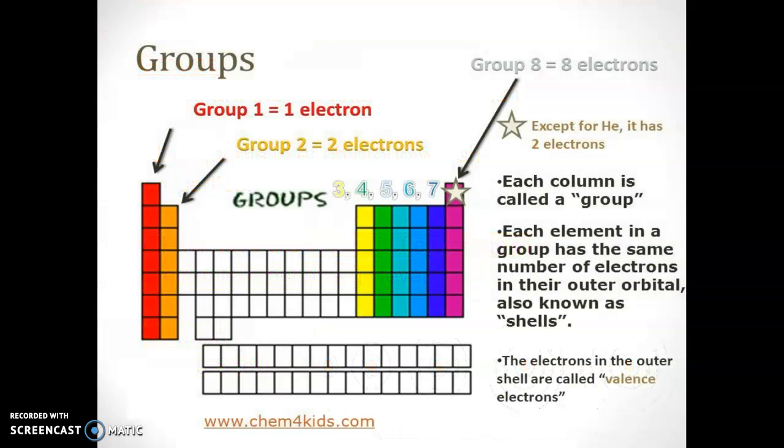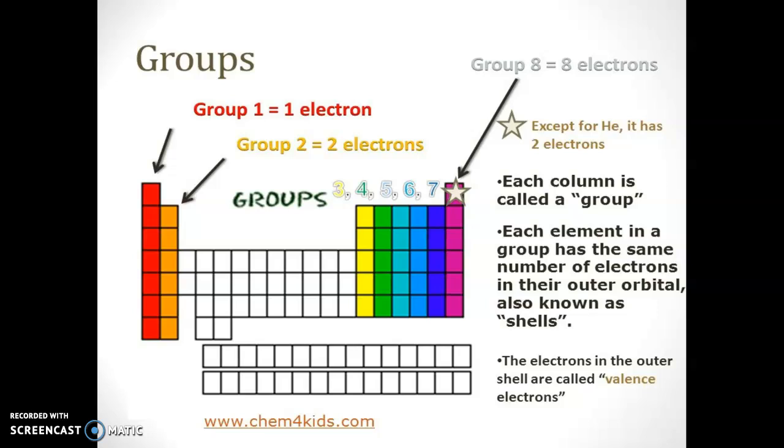So if I bring this diagram up here again, you can see that I have the majority of the groups or columns color-coded. Everything in the middle right now is just in white because those are all the transition metals, and they get a little funny. All right, their valence electron number could possibly change in contrast to anything you see in the first 2 groups or columns on the left-hand side of the periodic table that we have in red and orange, and the ones we see at the far right starting from both yellow to purple.